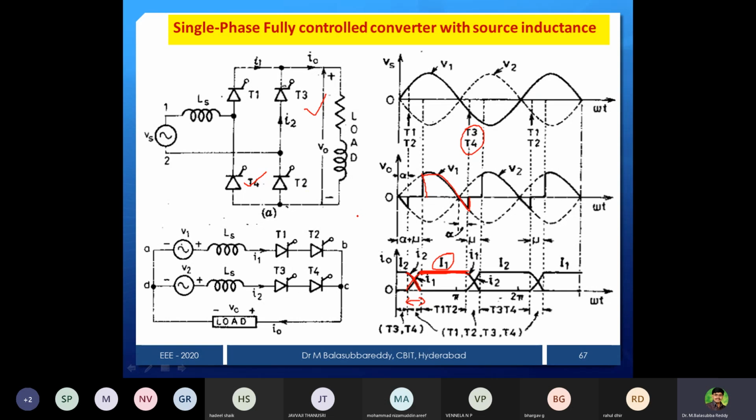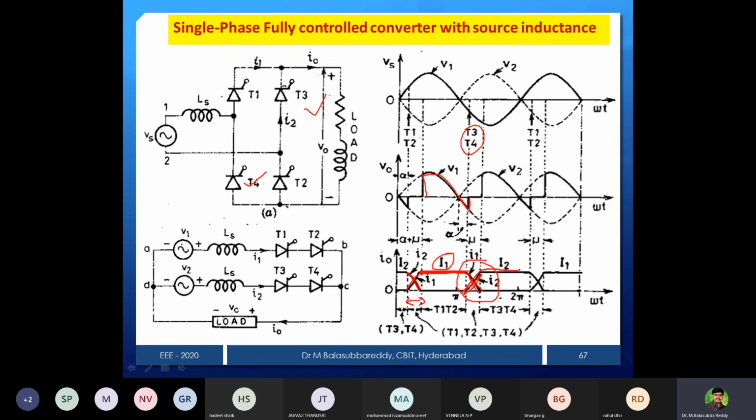Now T3, T4 is trying to turn on, and T1, T2 is going to turn off. But that will not be instantaneous. It will change over slowly or gradually. Therefore, the current I1, the current of thyristors T1 and T2, gradually decreases, and the T3, T4 current will be gradually rising.